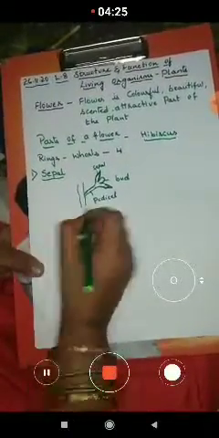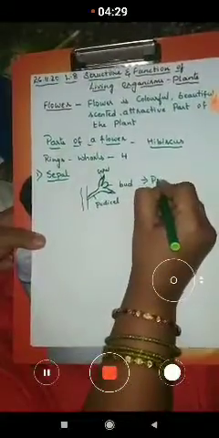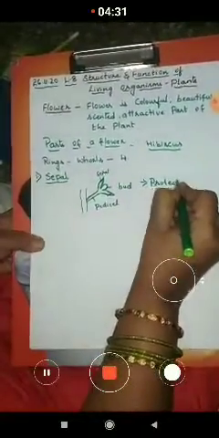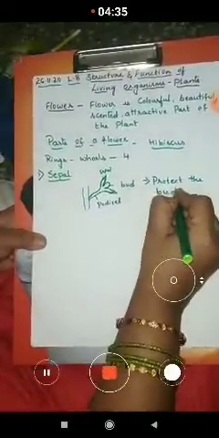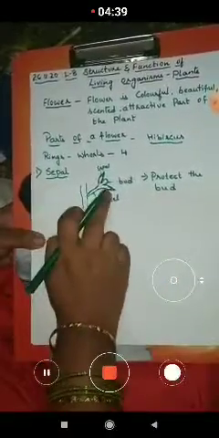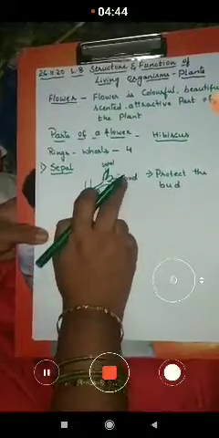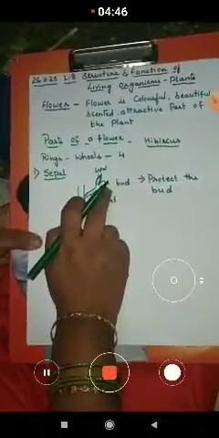The function of the sepal is to protect the bud. Okay, children, I think you understood. The sepal is leaf-like, green in color, and it protects the bud before the bud blooms.